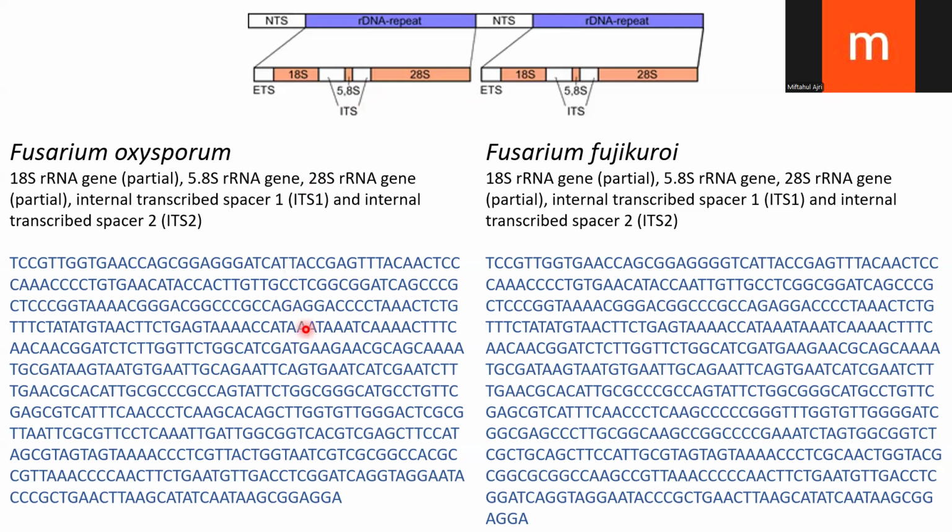In the image, on the right side and the left side, there are also two blocks of nucleotide sequences, belonging to Fusarium oxysporum and Fusarium fujikuroi, likely representing regions within the rDNA cluster, such as part of the ITS or 18S or 28S regions.